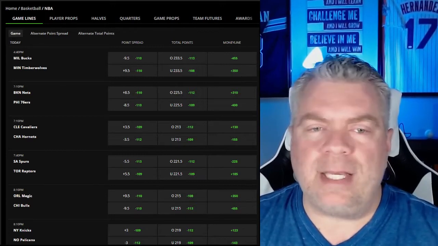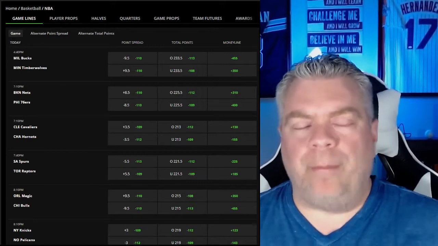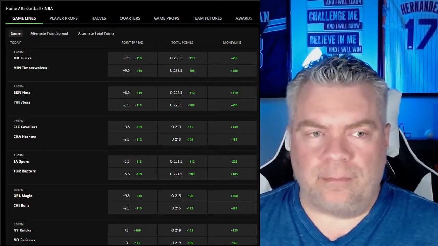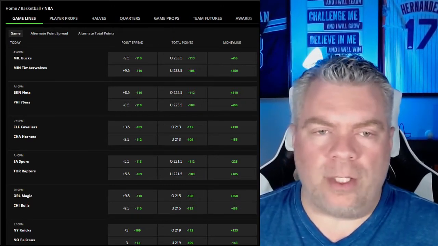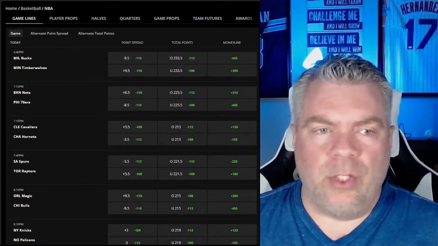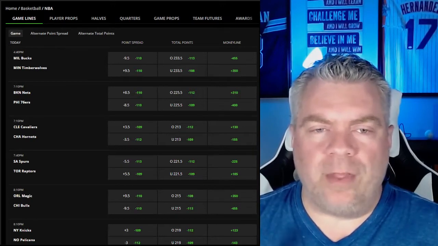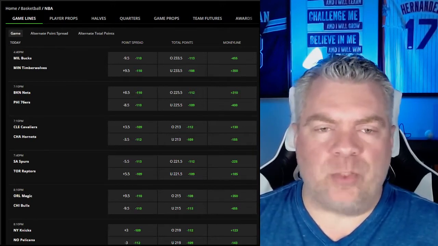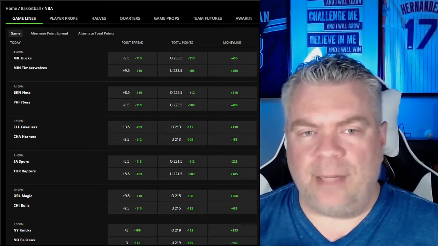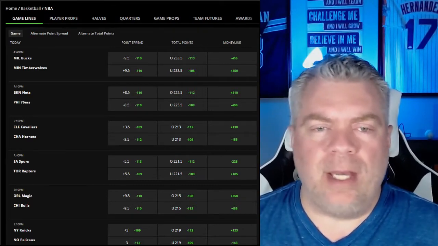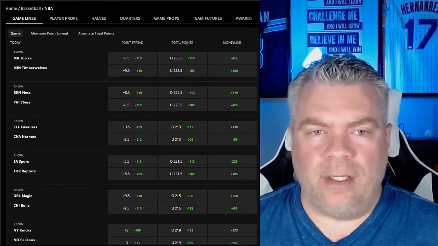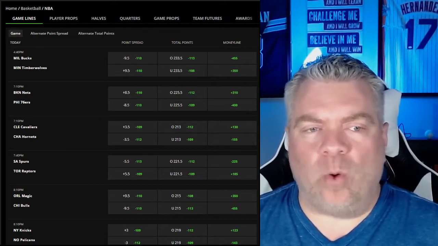What does that mean? If you are betting against the spread, you are taking the Milwaukee Bucks, if you are betting the Bucks, to win this game by more than 9.5 points. That means they must win this game by at least 10 points. If they win the game by less than 10 points or lose the game outright, you will lose a bet on the Milwaukee Bucks.